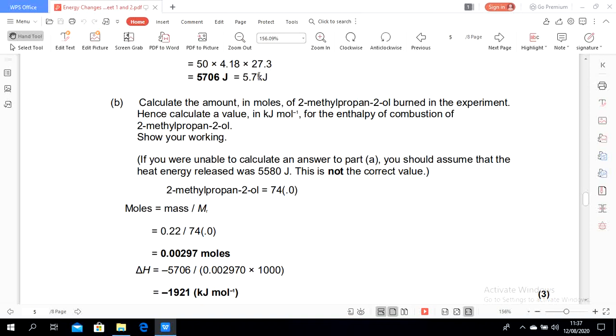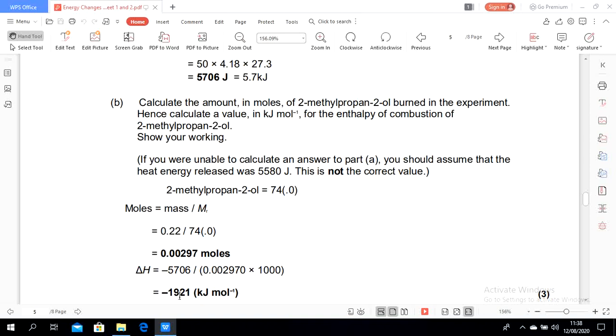Previously, the amount of heat is 5.7 kilojoule per 0.00297 moles, and then we need to find how much kilojoule is required for 1 mole, and then we divide 5706 by this much of moles, because we need to find it in 1 mole, and then we get as much as 1921 kilojoule per mole.